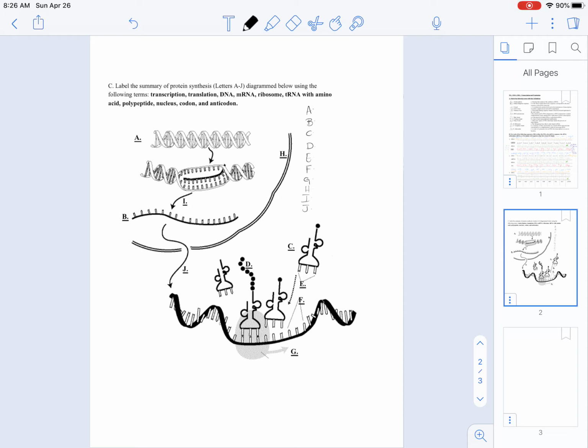So, A is representing a molecule of DNA. B is representing a molecule of mRNA. C is representing your tRNA with an amino acid. Letter D represents a polypeptide.